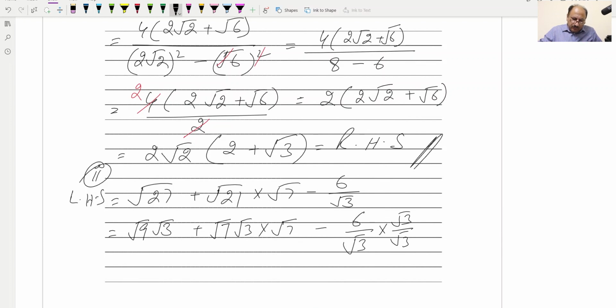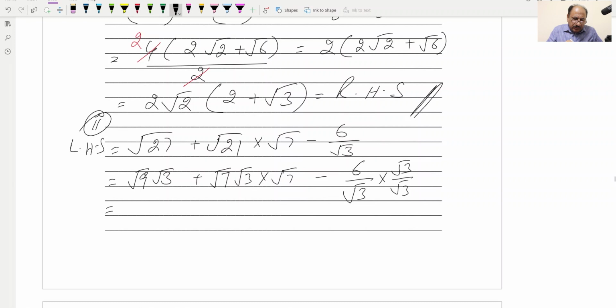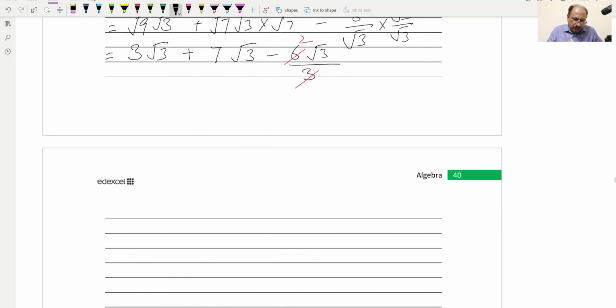And further we can write it as, root 9 will be 3, so 3 under root 3 plus 7 under root 7 squared will be 7 under root 3, and this one we can write as minus 6 under root 3, divided by under root 3 squared, which will be 3, and cancellation, 3 2s are 6.